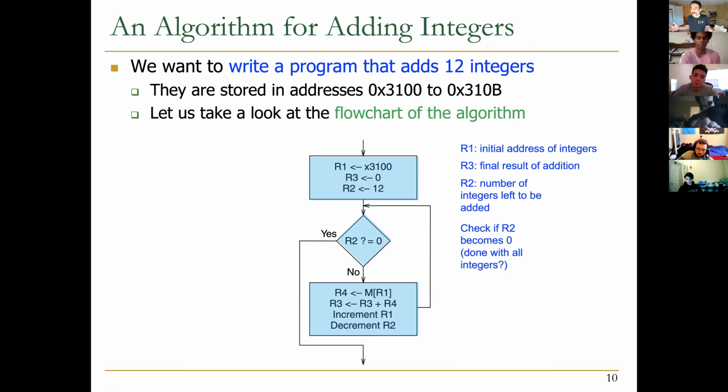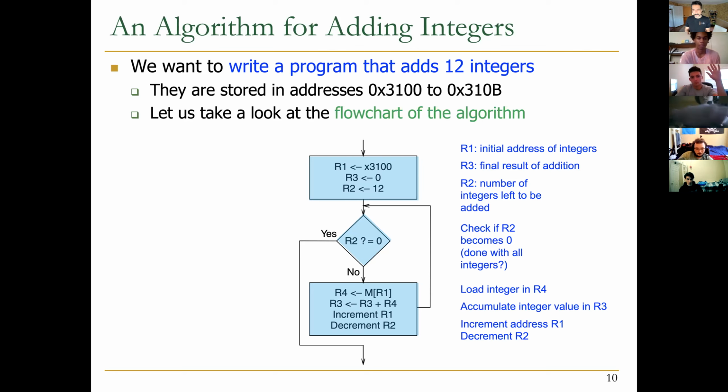So this is very simple, right? After you accumulate the integer value into R3, you increment R1 and decrement R2 in order to solve your task. So hopefully this is very simple.